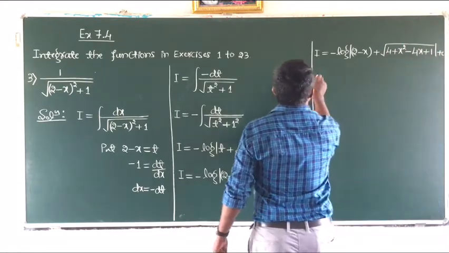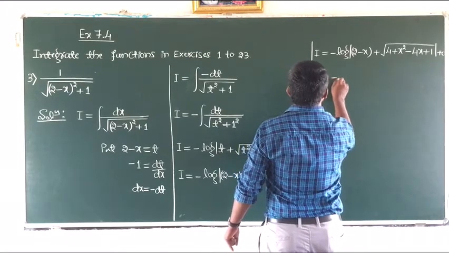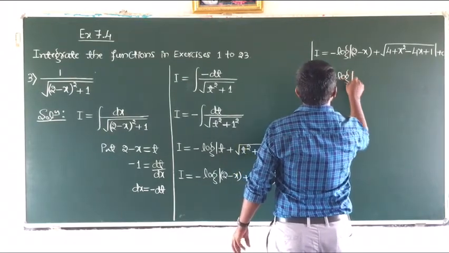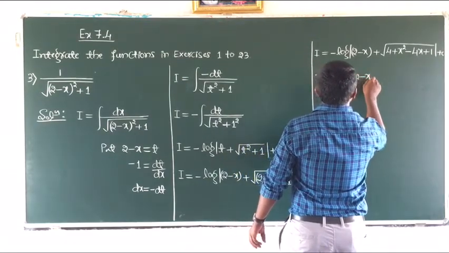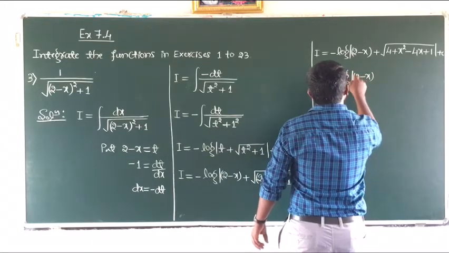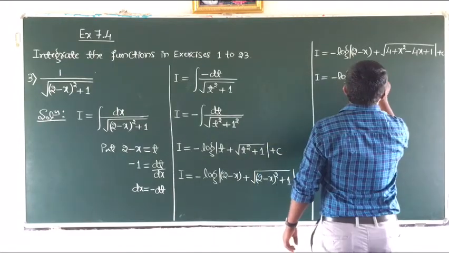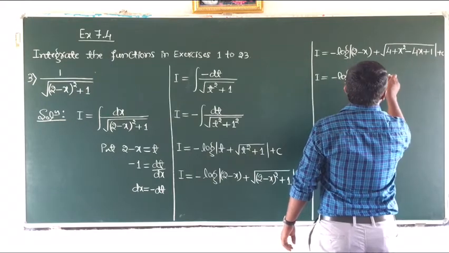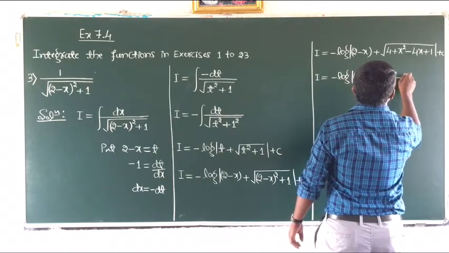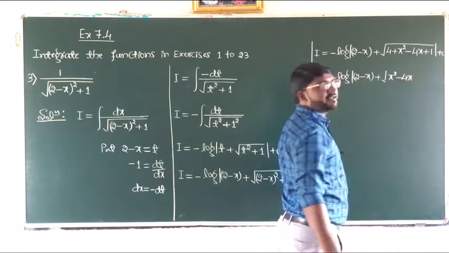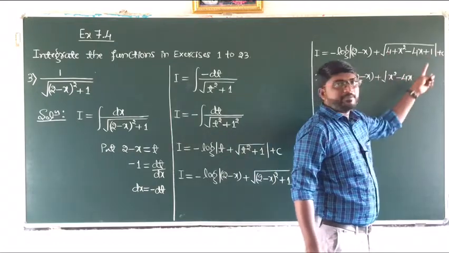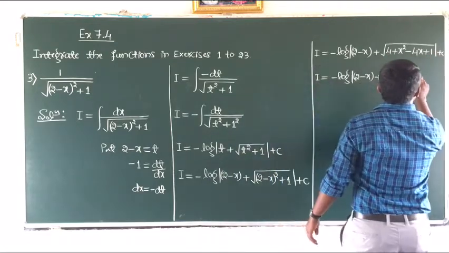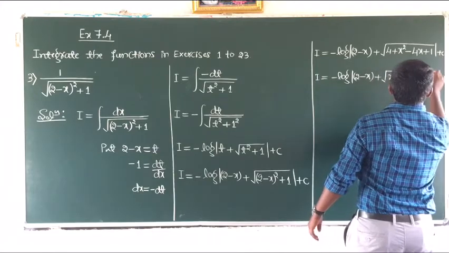So let us simplify this further. I which is equals to minus log mod 2 minus x plus under root, I write x square now, x square minus 4x, then 4 plus 1 will be 5, plus c.